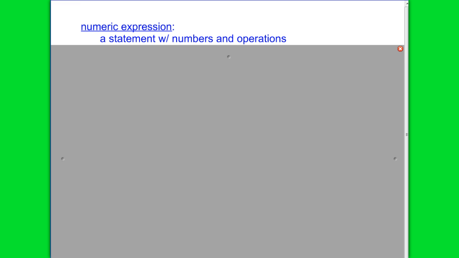Okay, numeric expression. A numeric expression has what? If it's a numeric expression, it must have numbers. That's right, a statement with numbers and operations.